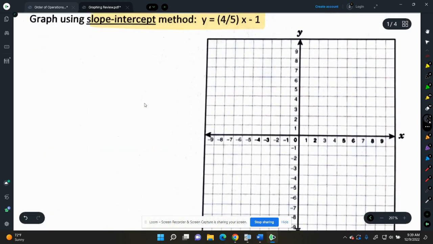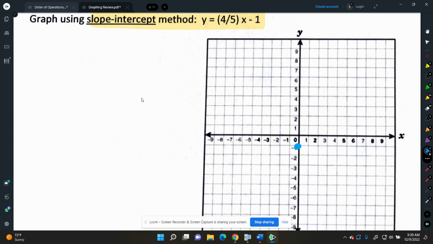Next one. Let's see here. Walker, what do I do? The circle on -1. Okay, am I doing it on this axis going across on the y-axis? -1 right here. Good job. Okay, and then what? And you go up 4 and over 5. Which way do I go over?